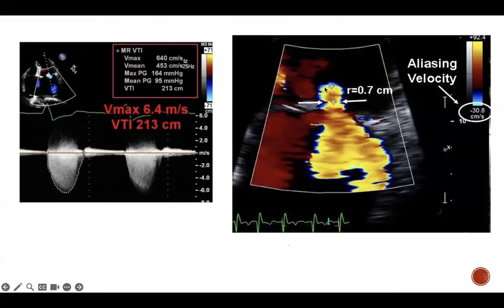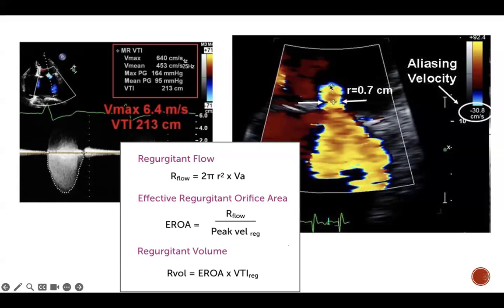Here we will talk about this area as A1 V1 and this area, which is the regurgitant orifice, as A2 and V2, the same exact concept. So the volume here, A times V1, equals A times V2. To make it easier, the area we calculate, the volume we calculate by the PISA equation, 2 pi r squared times the velocity, which we can get here from minus 30.